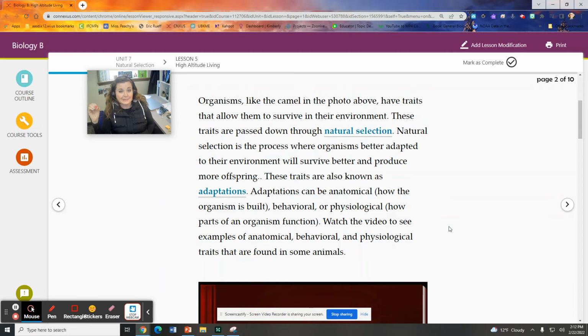Physiological, how the organism functions. That's the whole thing with the protein in the blood. So those are potential types of adaptations. I often will just say physical and behavioral, but physical can be structural, which is the anatomical part, or functional, which is the physiological part.